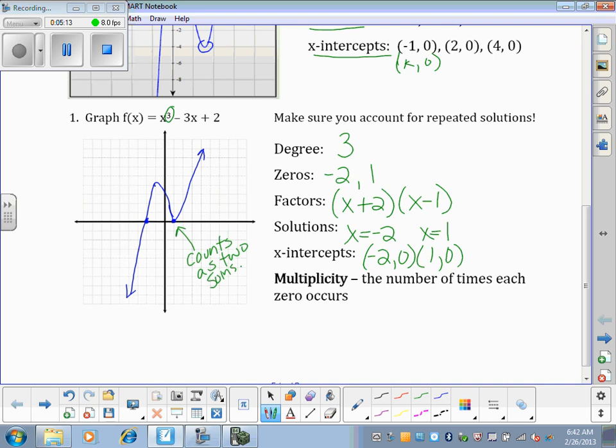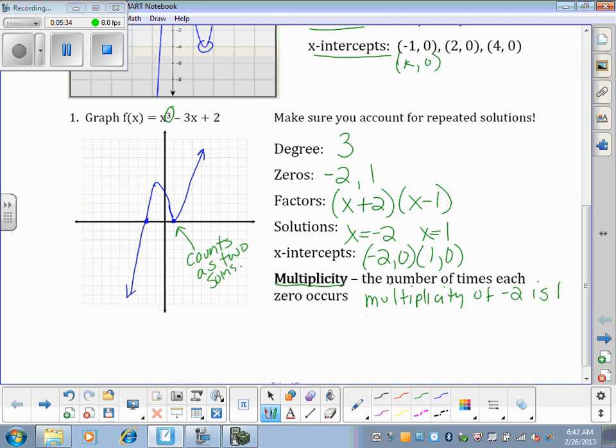Okay, multiplicity we've never talked about before. But multiplicity is the number of times each of the zeros occur. So the multiplicity of, for example, -2 is 1.